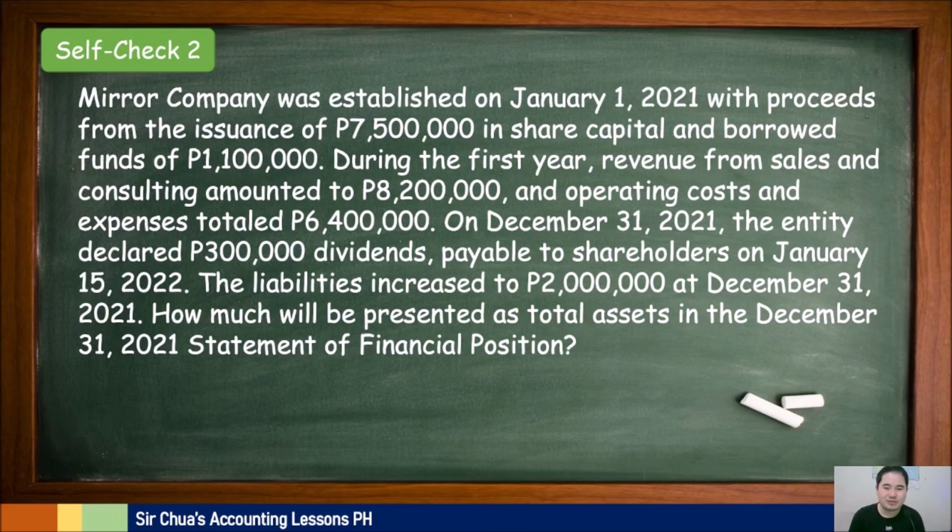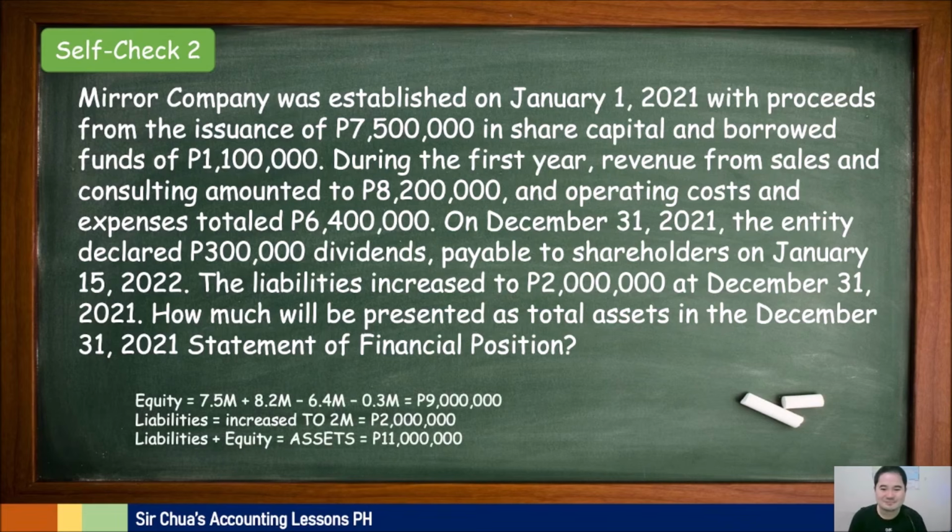Assuming that you have already computed and think about it, so this is your solution. Okay, ganito po ha. Meron ka daw pong share capital na 7,500,000. Diretso na nating i-add yung effect ng net income. So, add mo si net income, minus mo si expenses na 6.4 million.